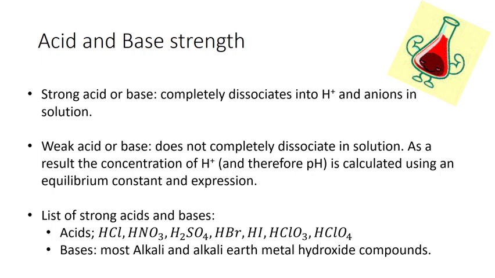There we go. Those are the acids there. And then under bases, what falls under a strong base? That would be alkali and alkaline earth metal hydroxide compounds, or at least the majority of them.